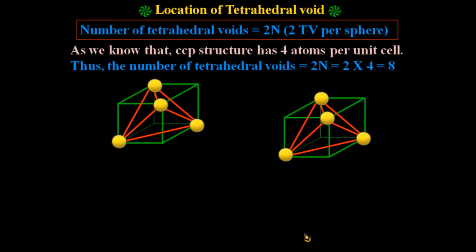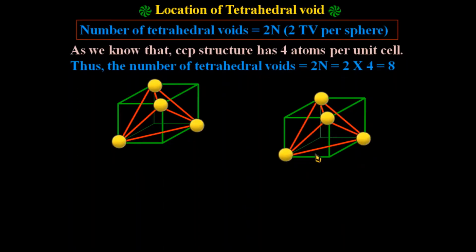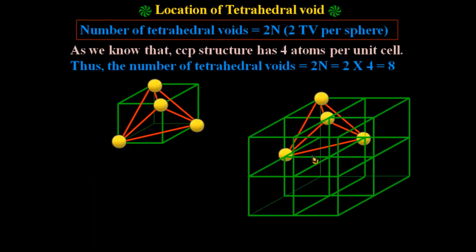Since there are 8 small cubes, here we see 1, 2, 3, 4, up to 8. Each cube has a sphere or atom on its corners alternately, and each cube consists of one tetrahedral void.